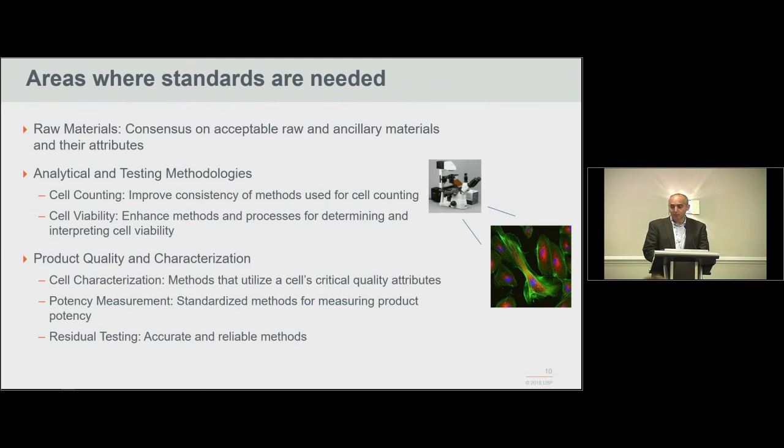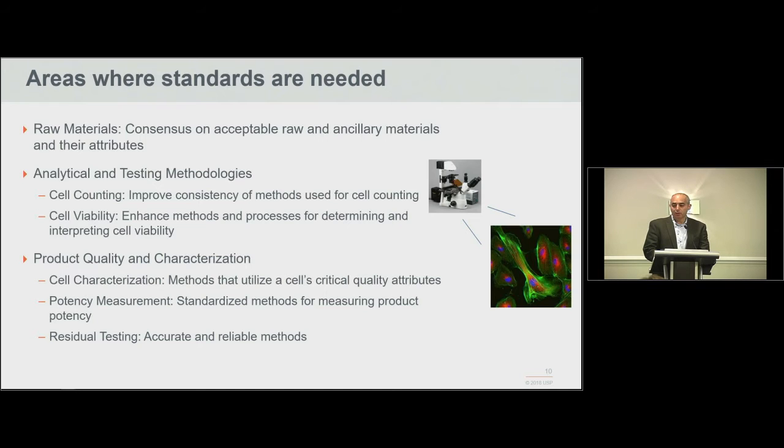Analytical testing and methodologies is another important piece. Cell counting and cell viability are two examples that are really critical when we deal with cell-based product, and the goal is to improve consistency in measuring or just counting cells, but also to enhance methods and processes for determining and interpreting cell viability.